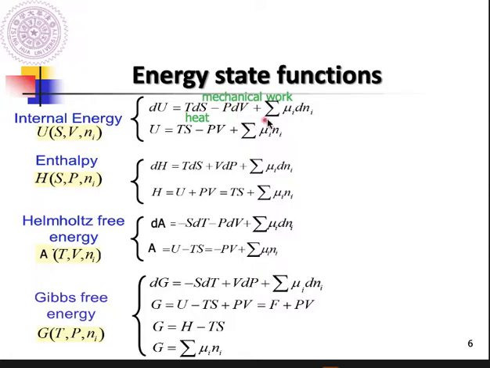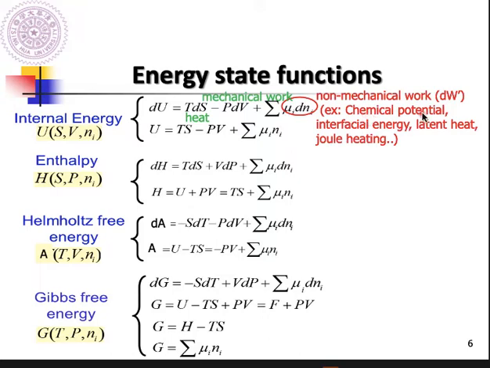And then you need to add the chemical potential here. We can conclude that this term can be a non-mechanical work. This is mechanical work, but if there is other non-mechanical work applied on or existing in this system, then you can add everything into this term.